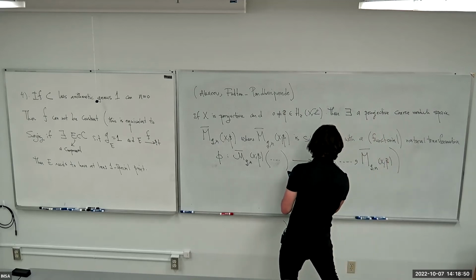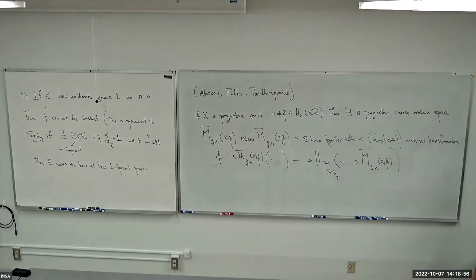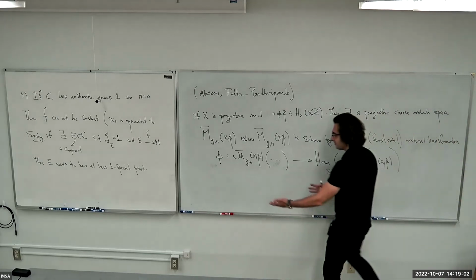And this Hom is over the category of schemes over complex numbers. All right. Pay attention. So this is a functor. This is a functor.